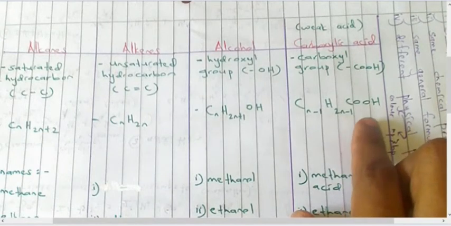Carboxylic acid will be Cn-1H2n-1COOH. When we do the practice later, you will understand this. For now you just need to know this first. So this is their general formula.